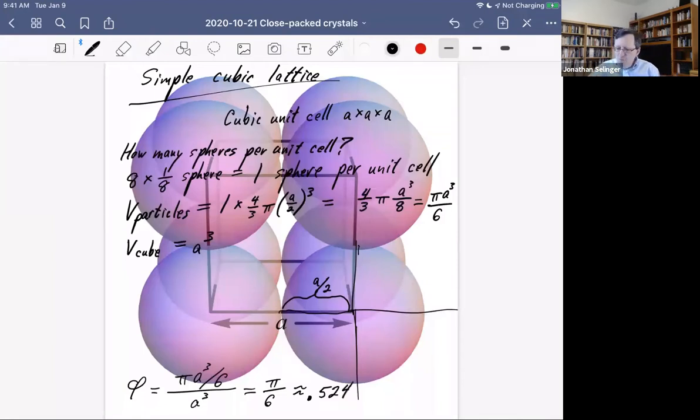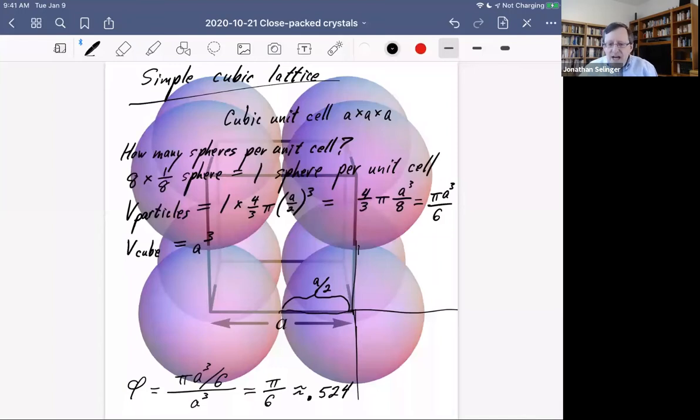Okay, that's not so good, right? It's saying that 52% of the volume is actually in the spheres, and the other 47% of the volume is empty space in between the spheres. That's a lot of empty space, right?